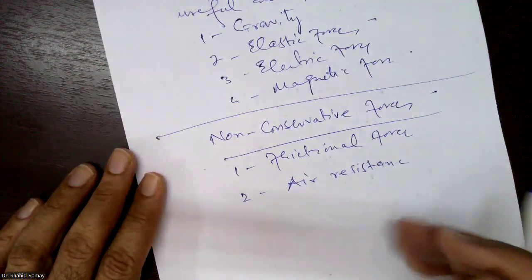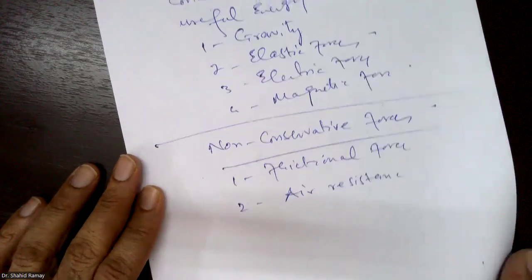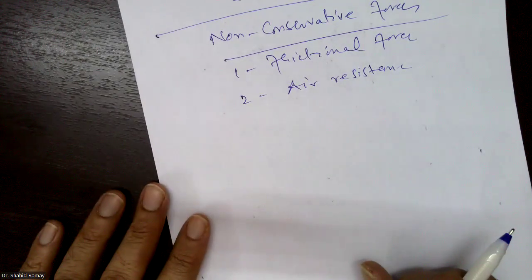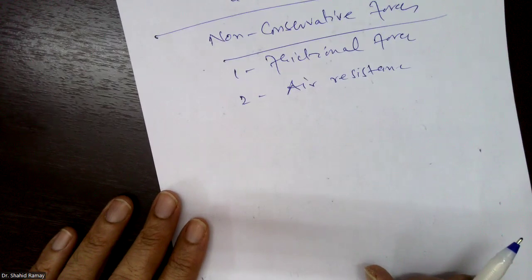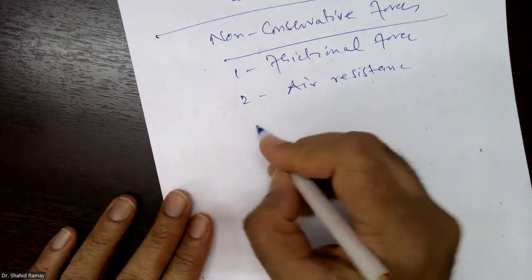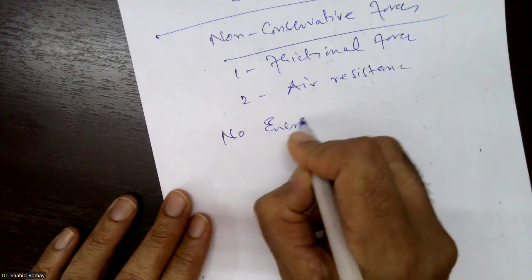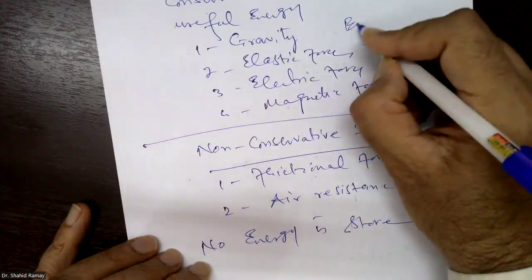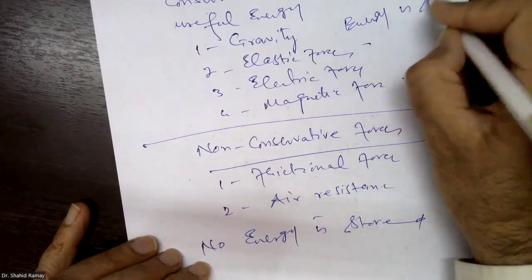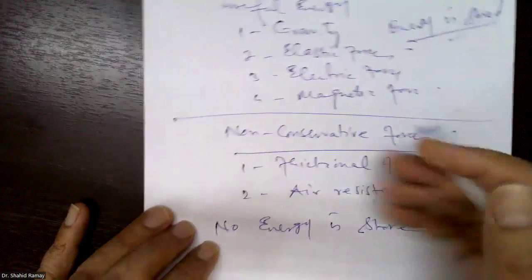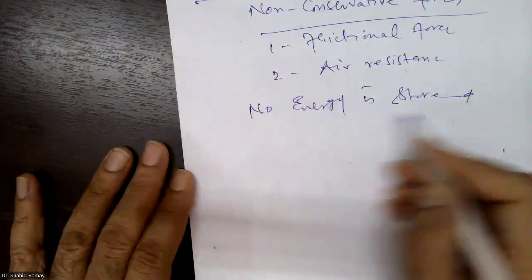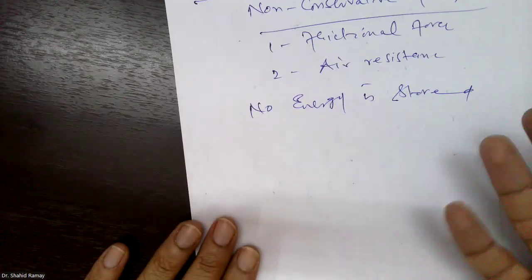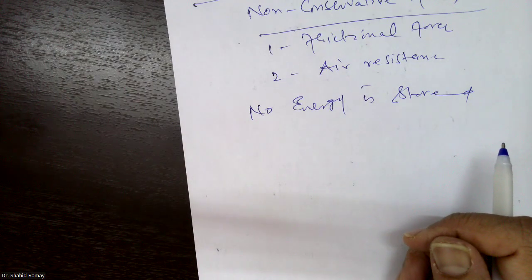It means it cannot be used for useful energy, because when two objects interact via frictional force, energy is not stored. In this case, no energy is stored, but here, energy is stored. That's why this is called conservative and this is called non-conservative. But here, mostly we are studying gravity and spring forces.